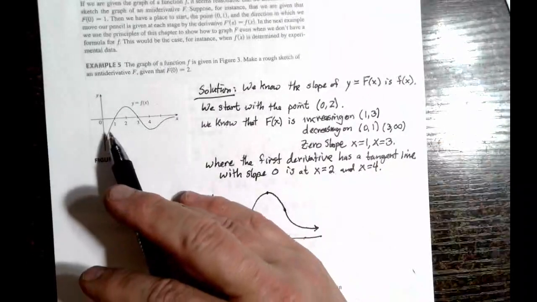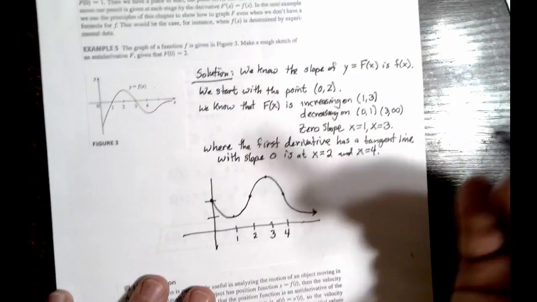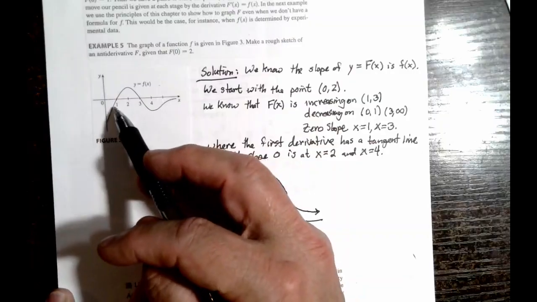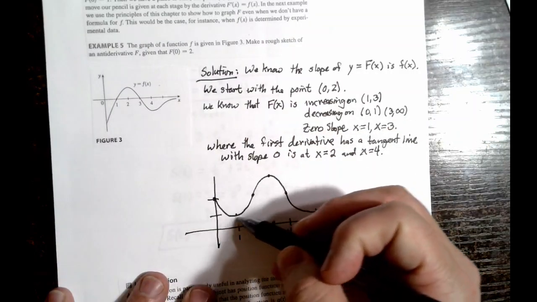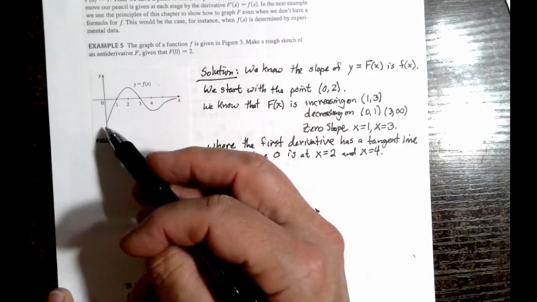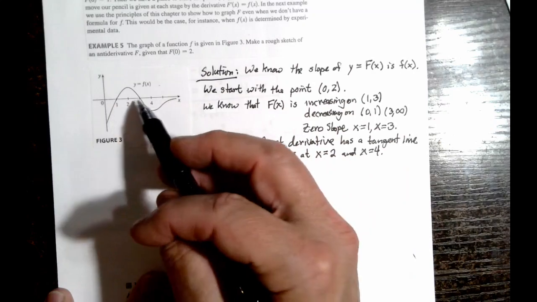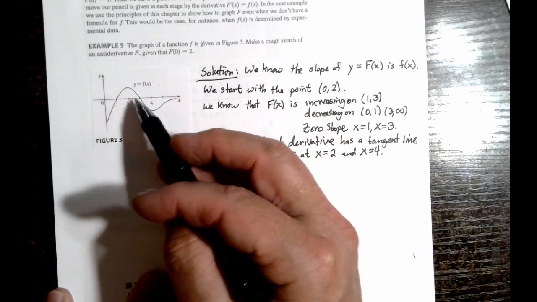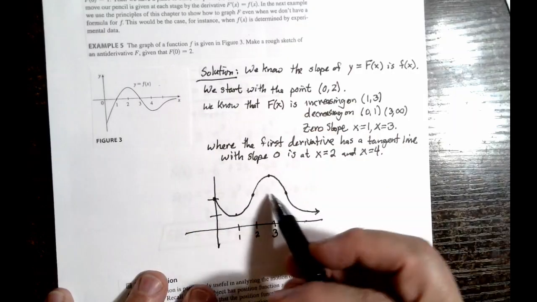Now, what if they give you the first derivative and ask you to come up with the original function? Remember, where the first derivative is negative, that means you've got a tangent line that has a negative slope. So between 0 and 1, it's decreasing. From 1 to 3, it's increasing because it's positive. And from 3 to infinity, it's decreasing.